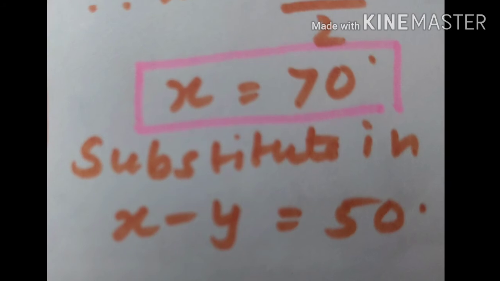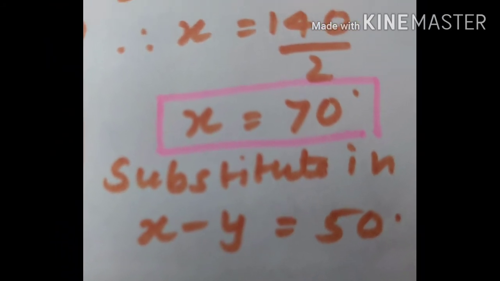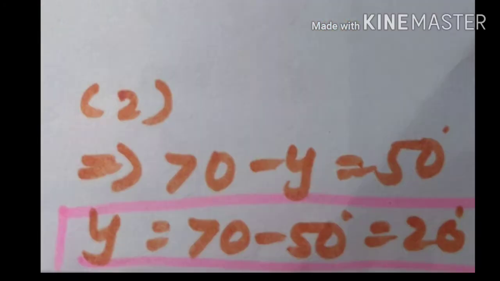So you can see now students, our value 70 is kept in this equation 2. So 70 minus y is equal to 50 degree. So y we found as 70 minus 50 degree, that is 20 degree. So here we found two angles of a triangle. First is 70 degree, the x value, and second is 20 degree.